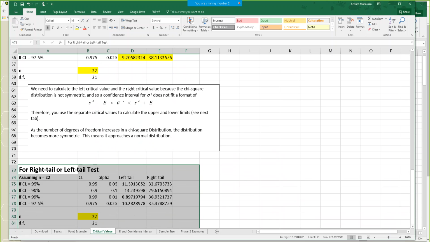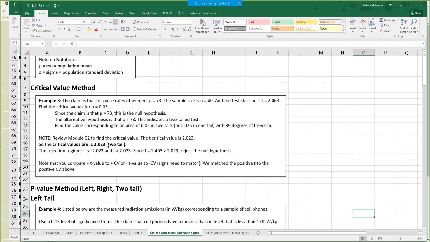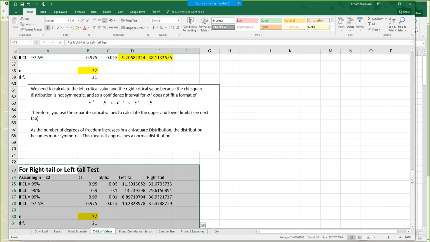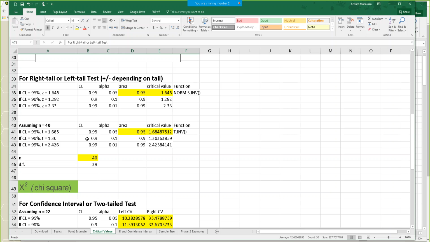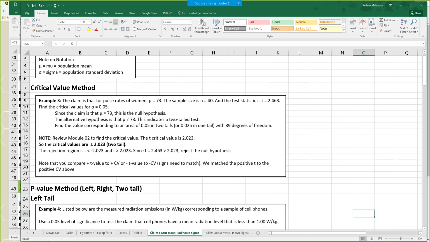All right, so going back here, if the sample size is 40, let's see, what was the problem? 0.05.